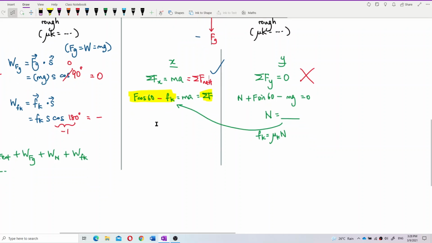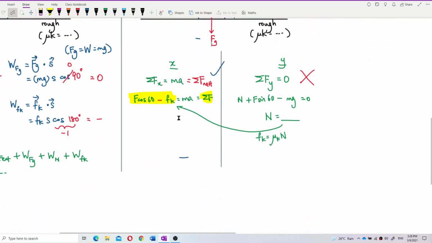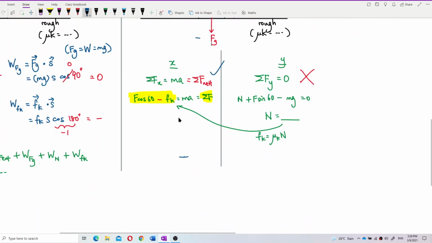So our net force, or resultant force, is only the resultant force in the x component, which is F cos 60 minus friction.